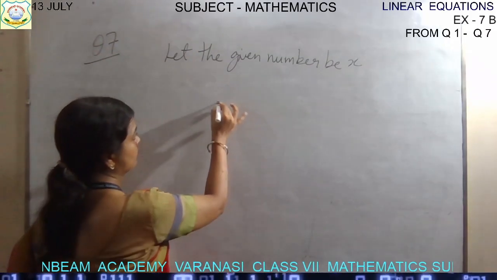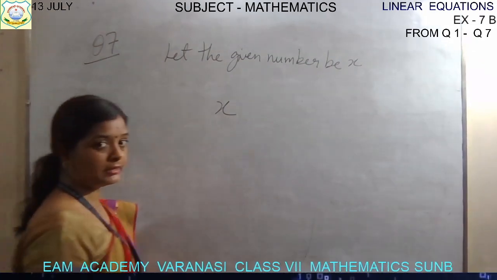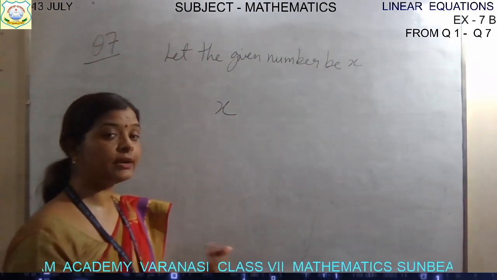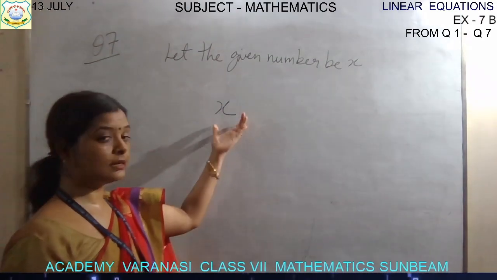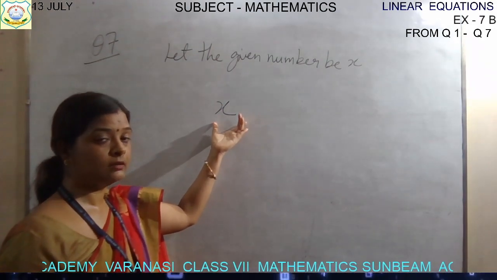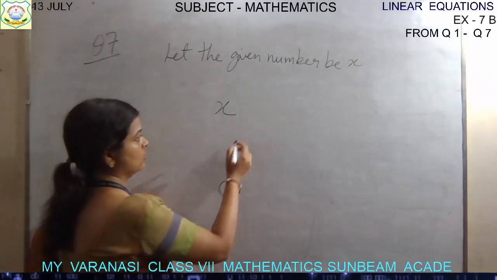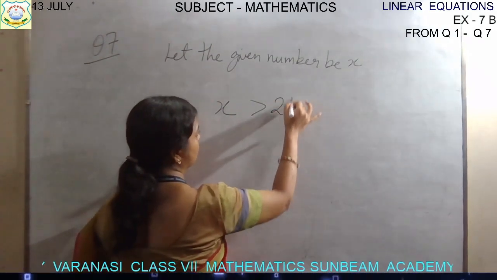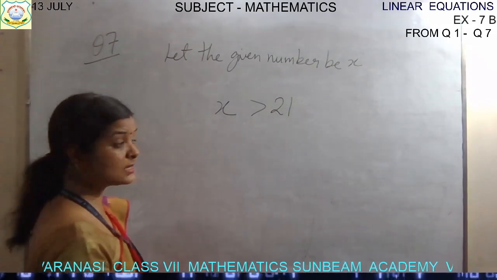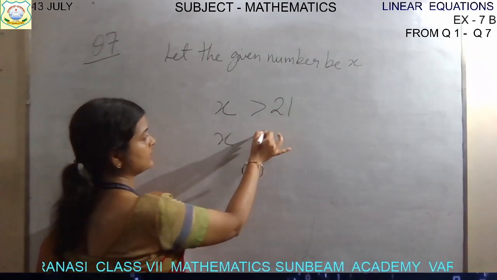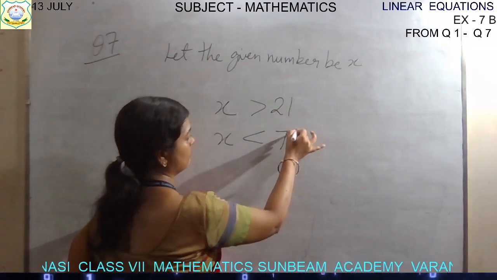So, a number is as much greater than 21. Is it greater than 21? The question is saying a number is as much greater than 21, okay, as it is less than 71.